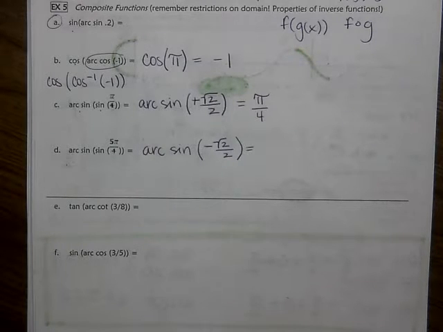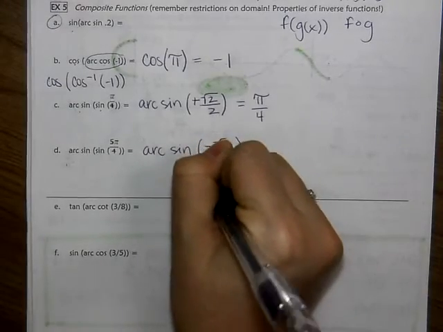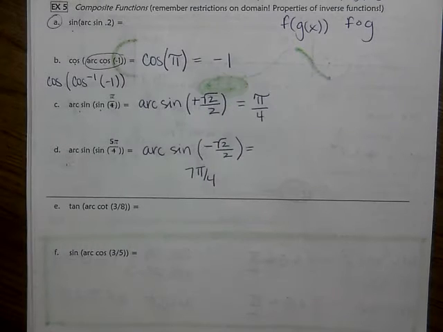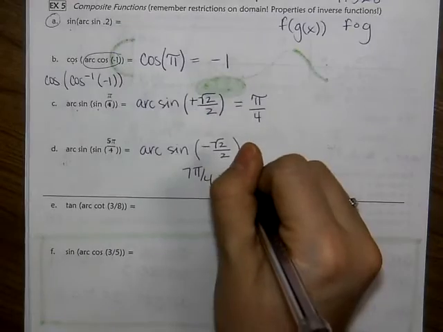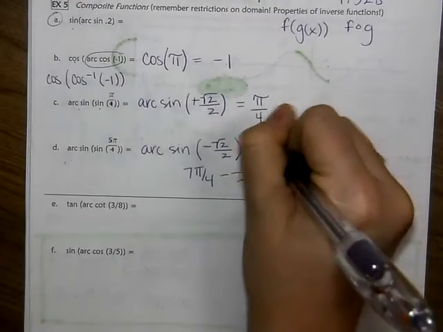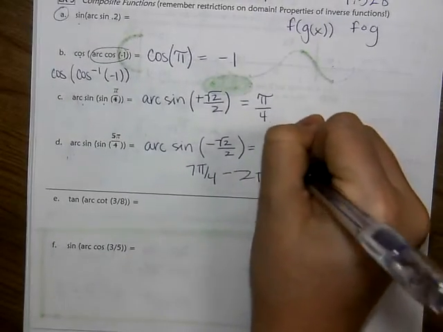Where is sine negative root 2 over 2? 7 pi over 4. Now 7 pi over 4, does that fall within that range of numbers from negative pi over 2 to pi over 2? No, so you have to change it. And to change it, we just subtract 2 pi. So the correct answer here would be negative pi over 4.